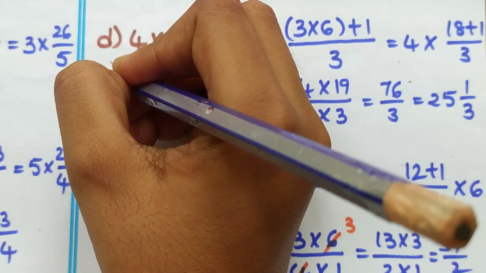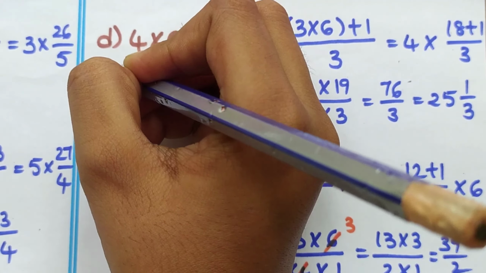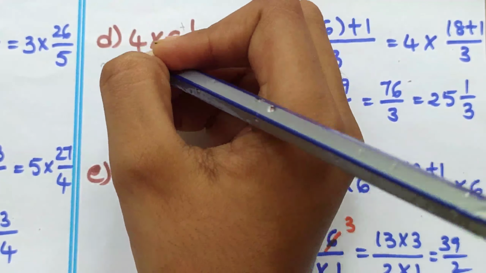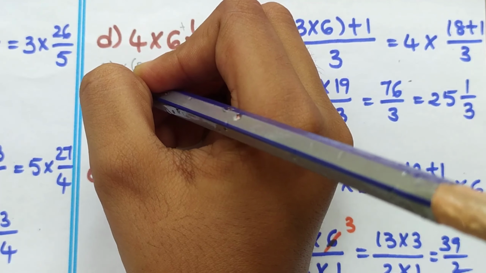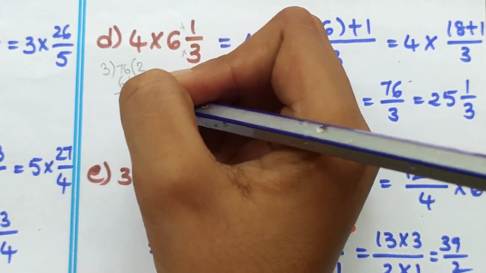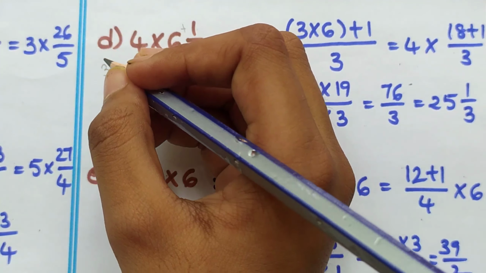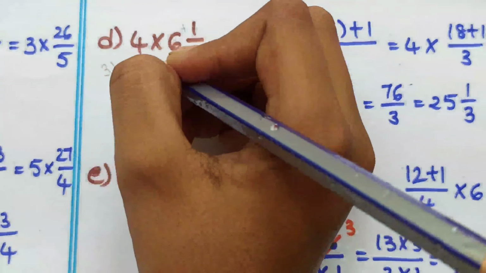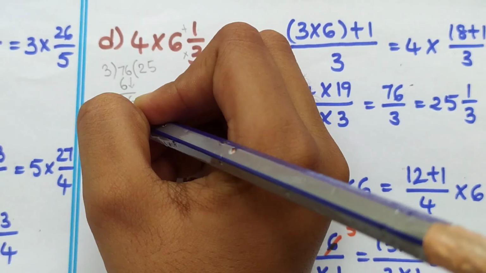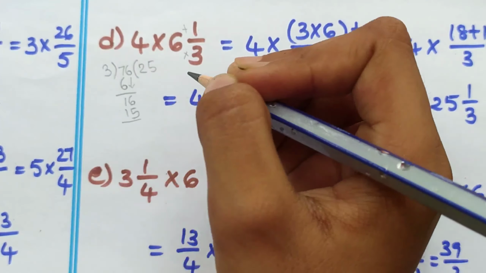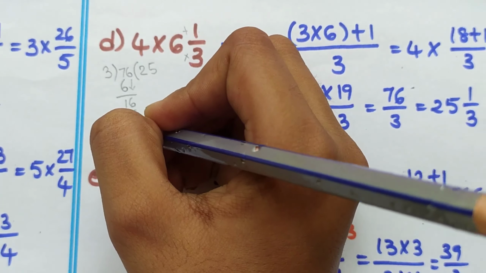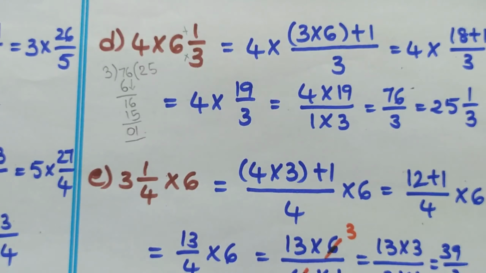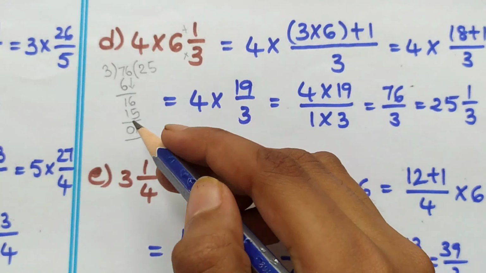So here let us write 3 and here is 76. So 3 2s are 6 and 1, and let us drop 16 or get down 6. So 3 5s are 15 and the remainder, that is the subtraction of 16 and 15, is 1. So now let us write the numbers from right to left.